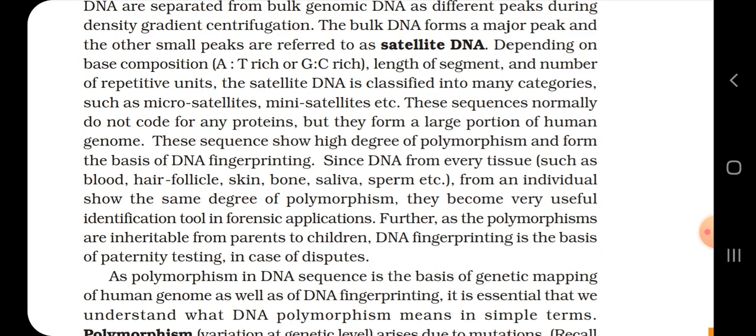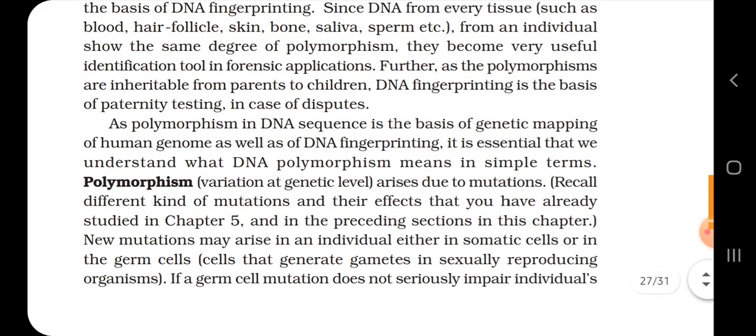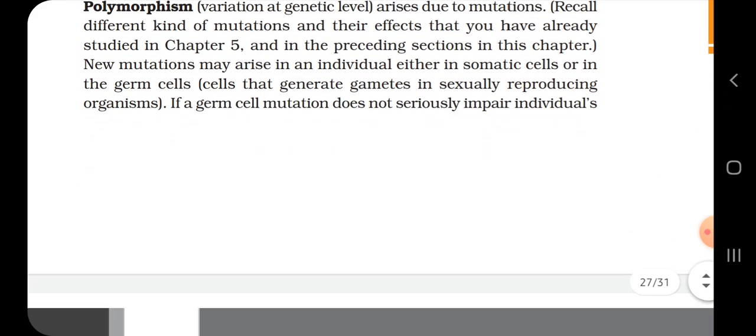Now, what are the various steps of DNA fingerprinting? Though you will go through more details in the chapter on biotechnology, we have to brief a bit in this chapter as well. The basic steps involve the isolation of DNA from the particular sample.